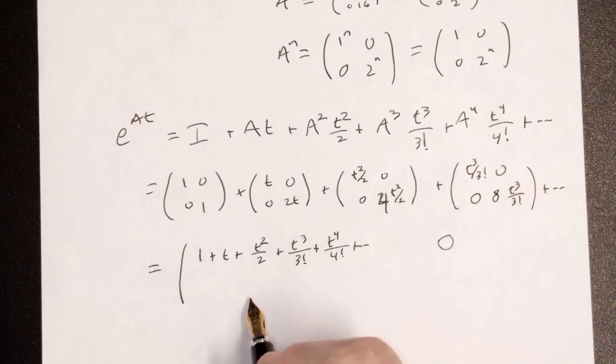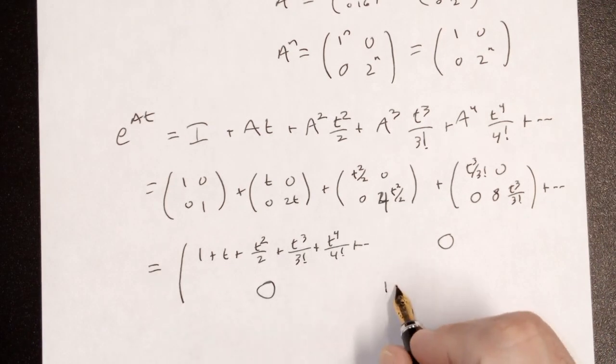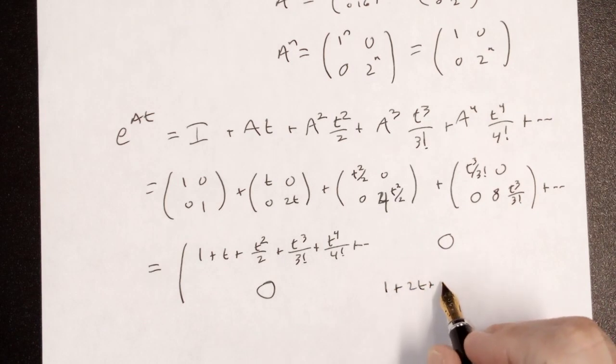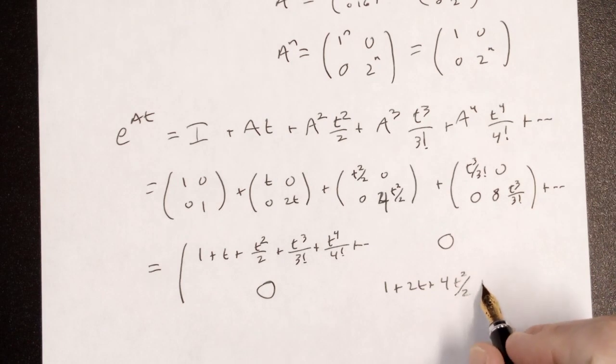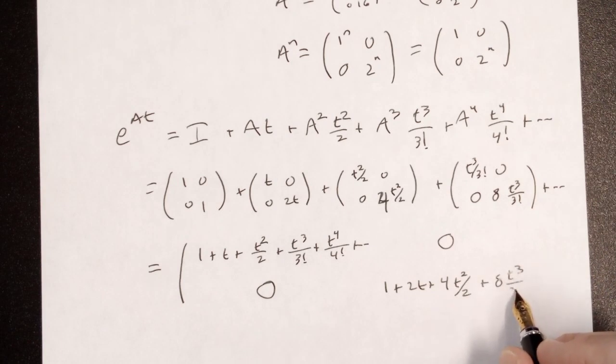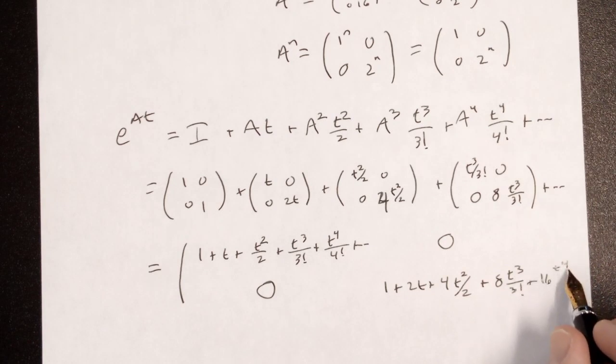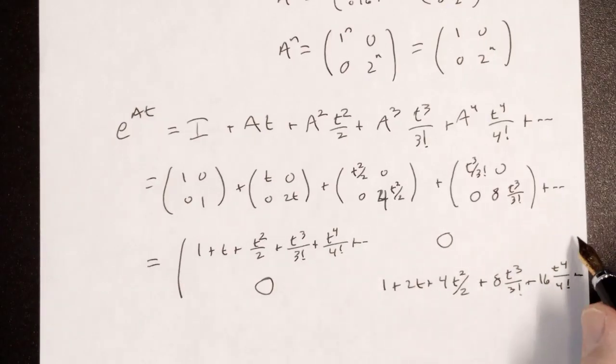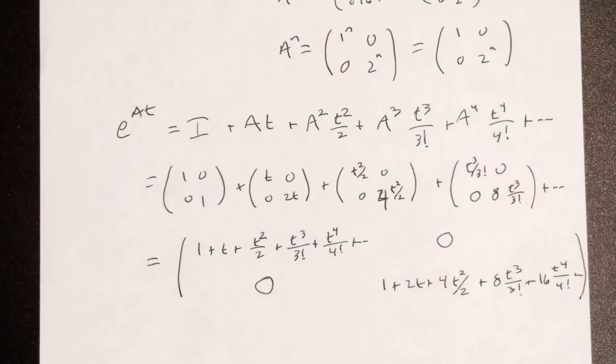Zero, as will be in the lower left corner. What goes in the lower right? Oh, 1 plus 2t plus 4 t squared over 2 plus 8 t cubed over 3 factorial, and then it should be 16 t to the 4th over 4 factorial, and so on. Right?